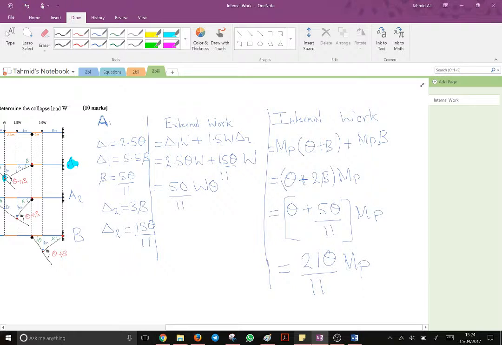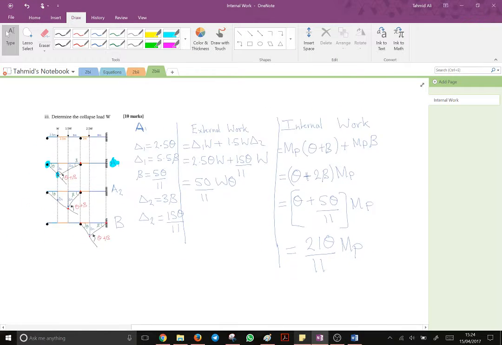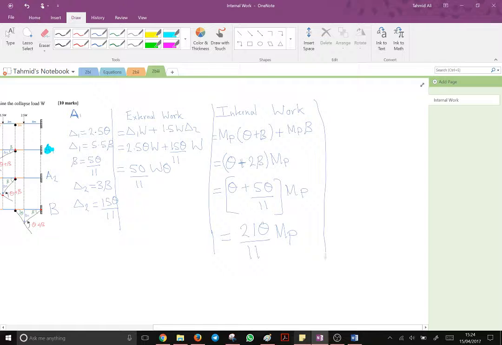And now, since we've gotten the internal work and we have it in terms of only one unknown, theta, and we know what MP is because we calculated it in part 1, we can equate internal work with external work and simply get the collapse load W. So you have 15 over 11 W theta is equal to 21 theta over 11 MP.